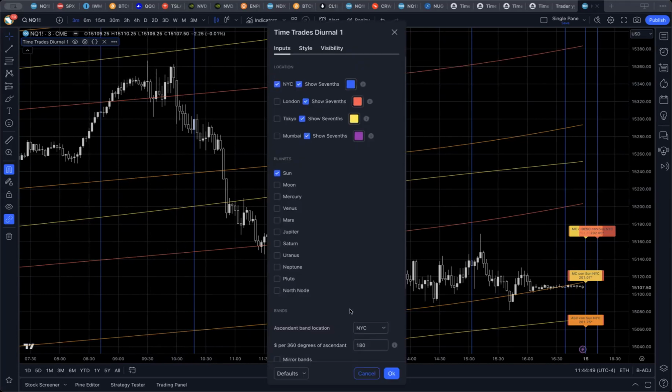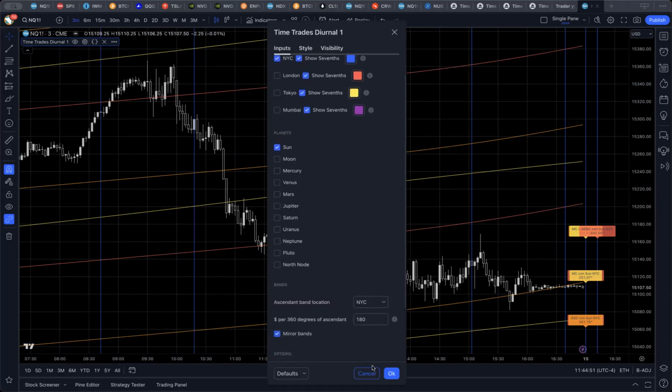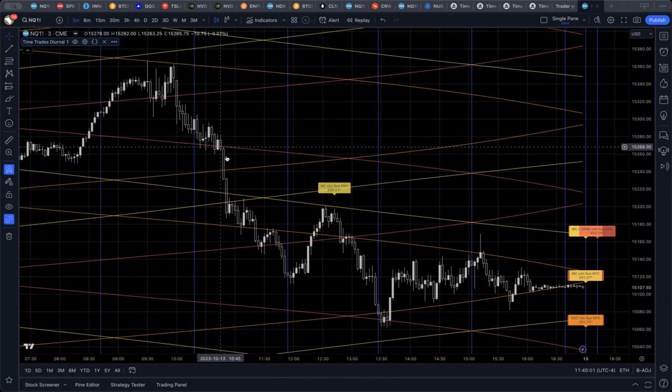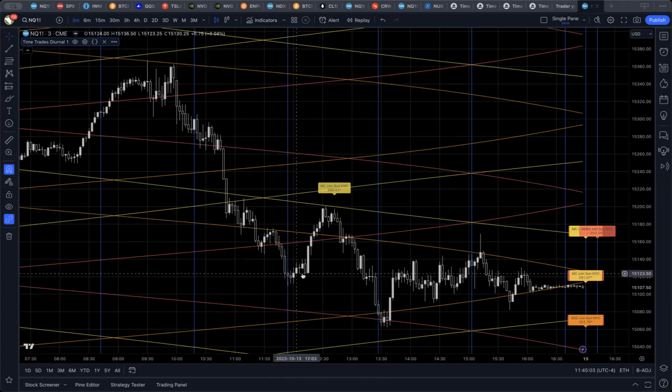With mirroring on, now we've got some nice descending channels, we can see we tagged this top here really well, and it provided some support before a deeper flush.